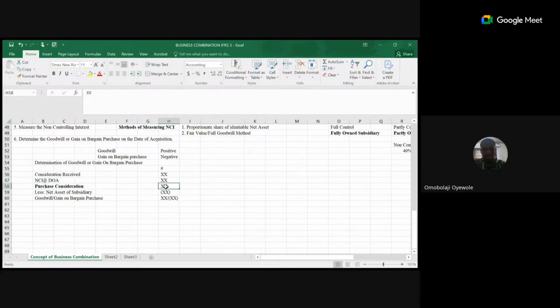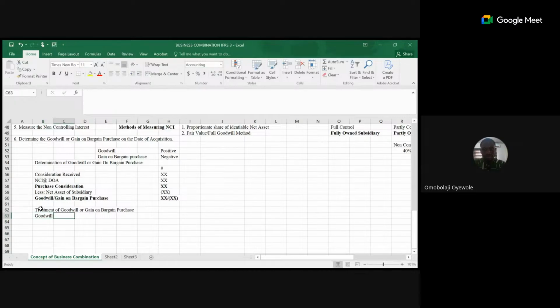So there is a way we treat goodwill and gain on bargain purchase. So let me come here. Treatment of goodwill or gain on bargain purchase. Now, for goodwill, remember I said goodwill.